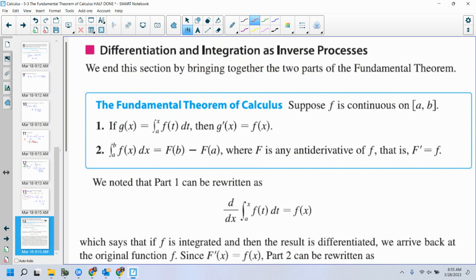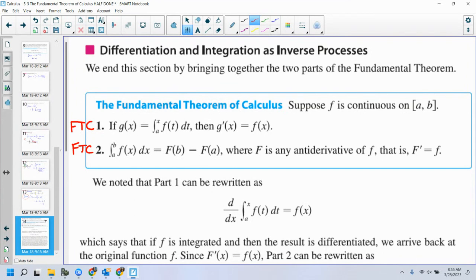I talk a lot about, and even in the questions, I printed out the review for the quiz as well. Even in the questions for the review, you'll have to know the difference between FTC1 and FTC2. I call this FTC1 and this FTC2, okay?